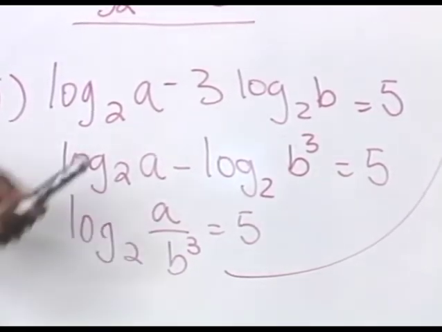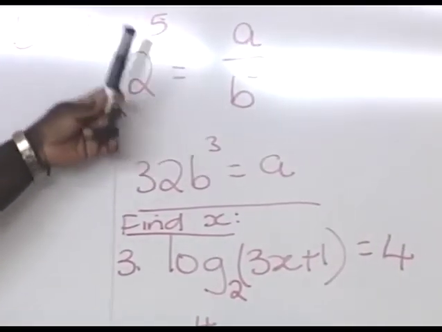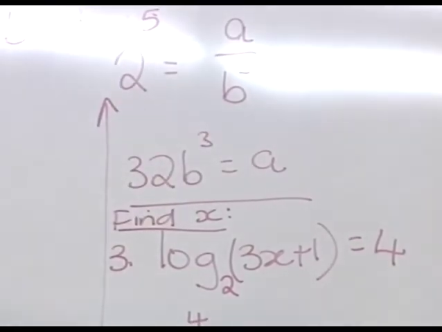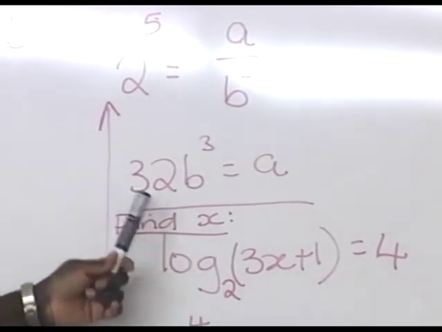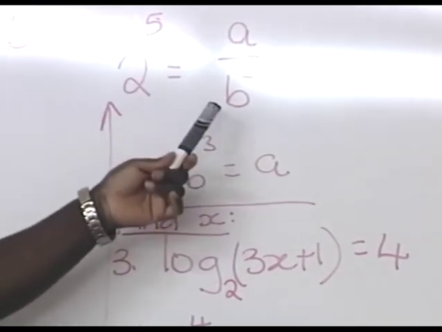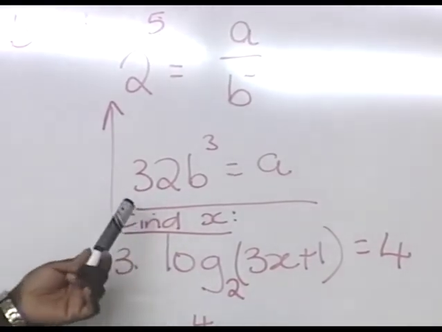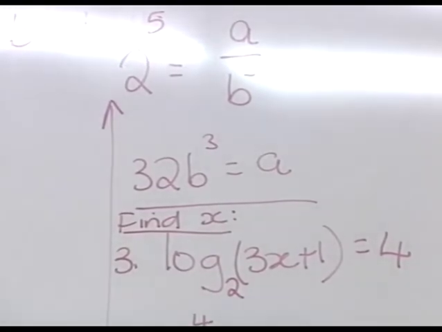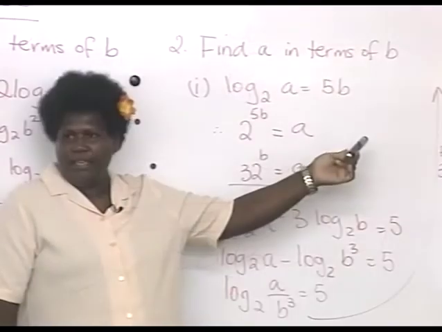Clear? 2 to the power of 5 is 32. Then I multiplied b cubed on both sides of the equation. So I've got 32 b cubed is equal to a. I've written a in terms of b.